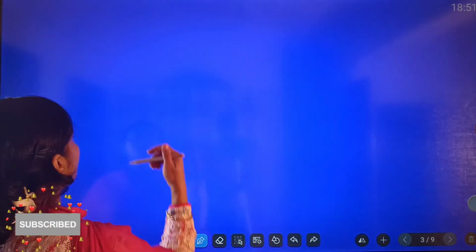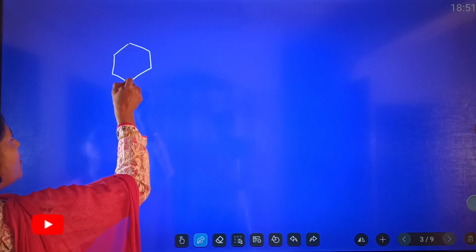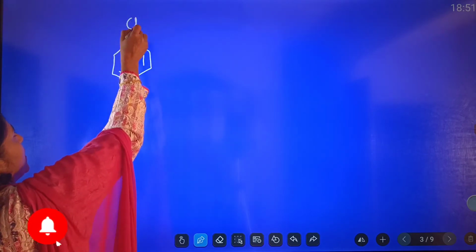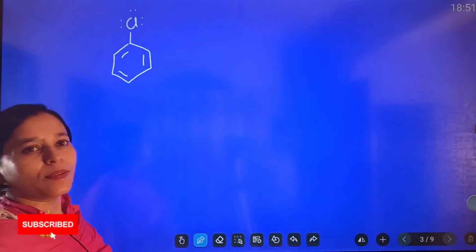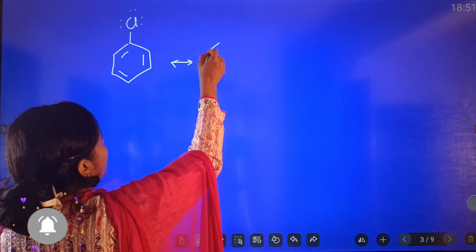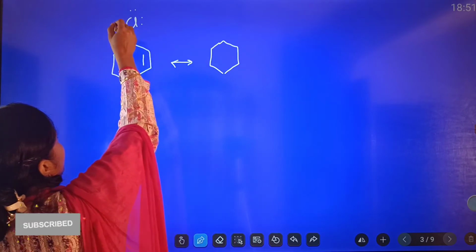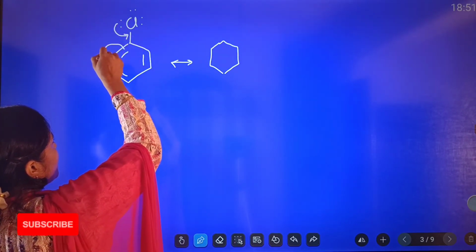In our next slide, you already know that this is the structure of haloarene. Chlorine atom is attached here. It has 3 lone pairs of electrons. In the next step, we can show 1 lone pair of electrons will come here and 1 bond will come over here.